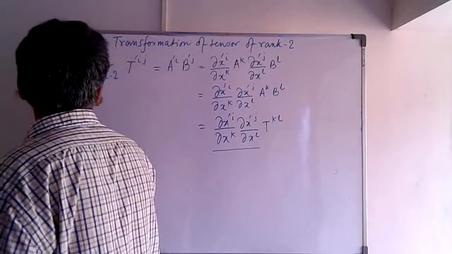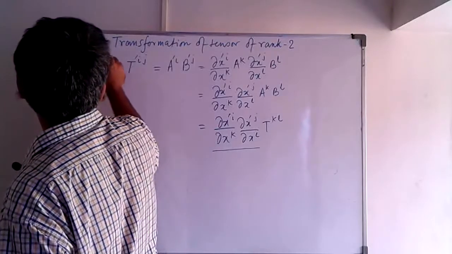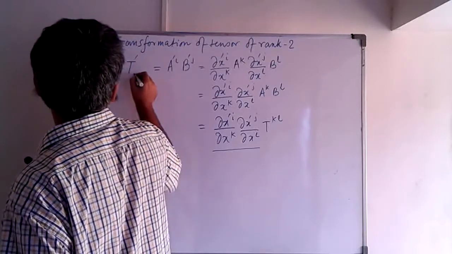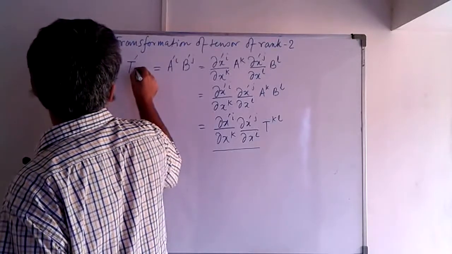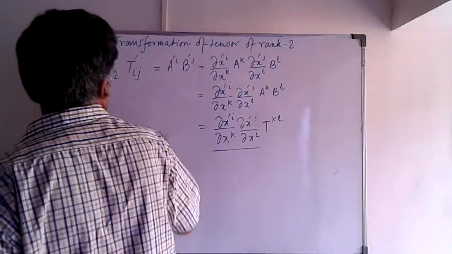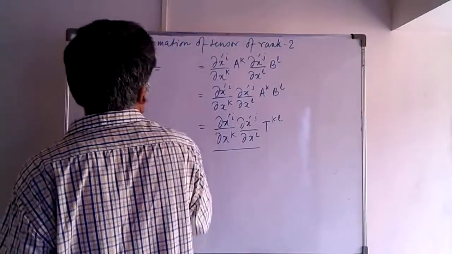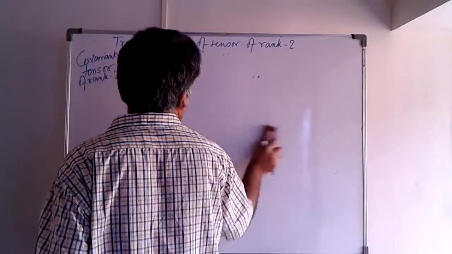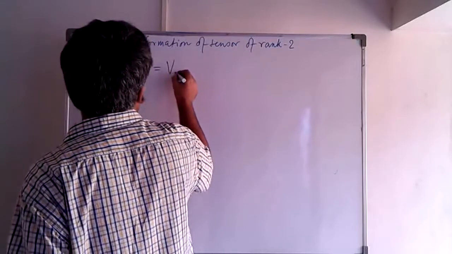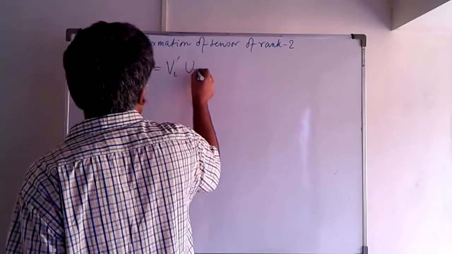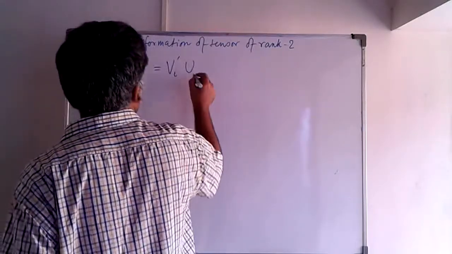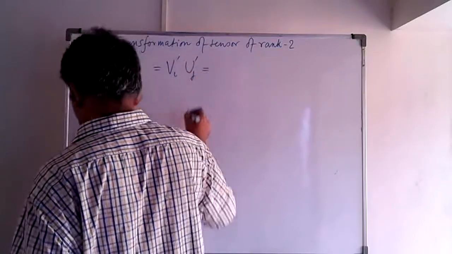Suppose T ij prime, and I can write it as a product of two tensors, suppose V i prime U j prime.